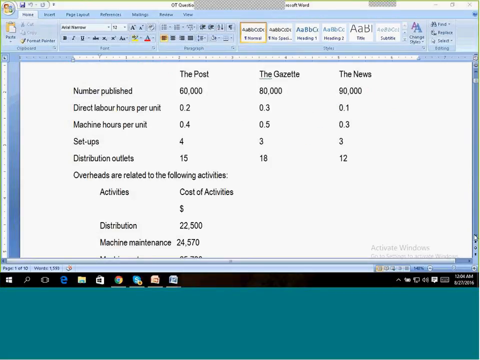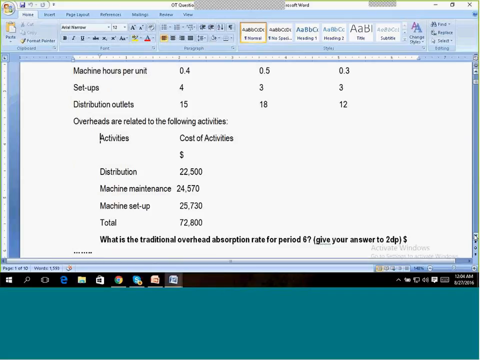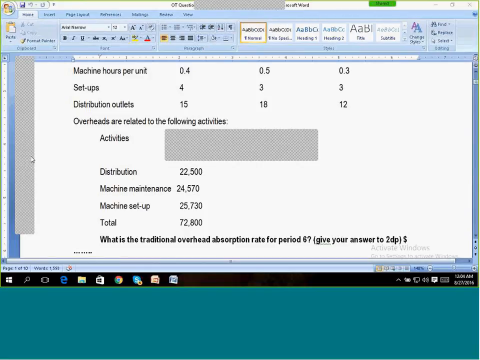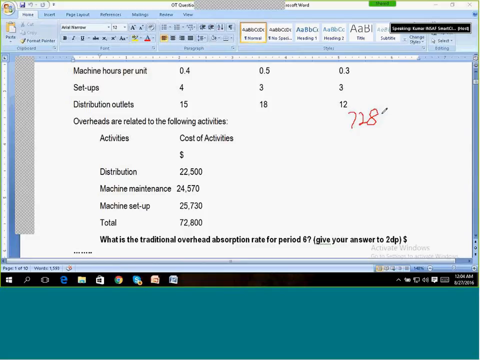Now the total overhead of $72,800 is spent, and during that period we are using 91,000 machine hours. So 72,800 is spent on 91,000 machine hours.